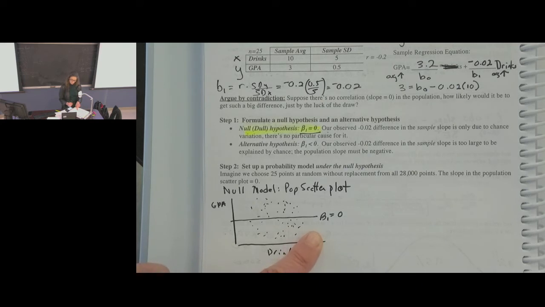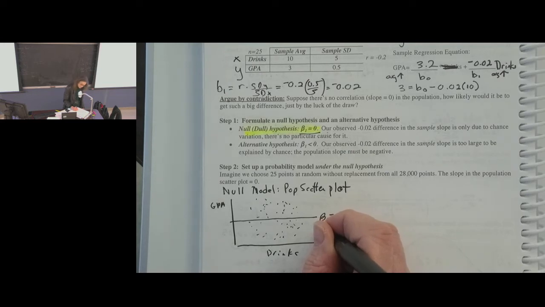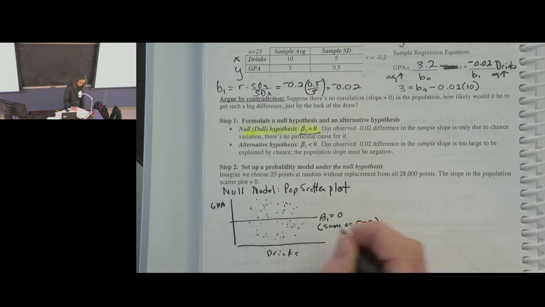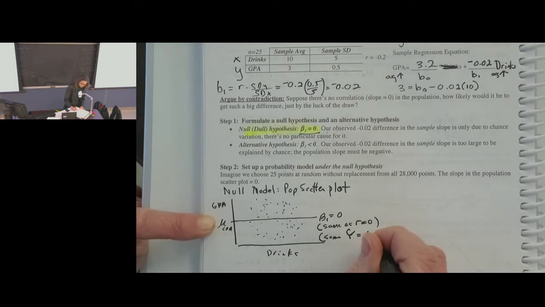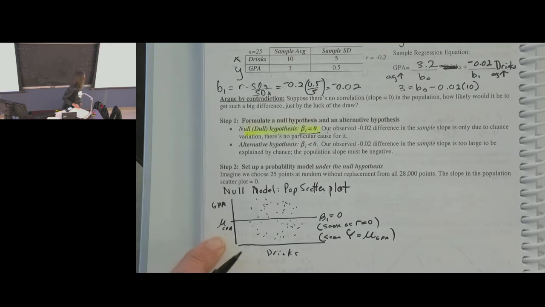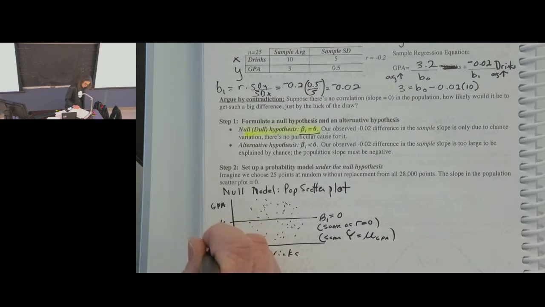If it was 0, what would our regression equation be? First of all, it's the same as R equals 0. Those are equivalent. It's also the same as our best prediction for Y being the average of Y's, mu for GPA, the average of the GPAs, the population average.